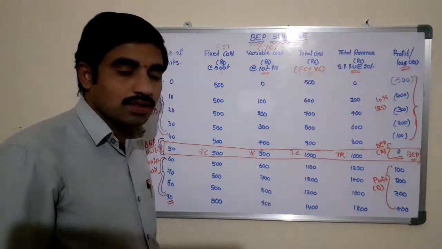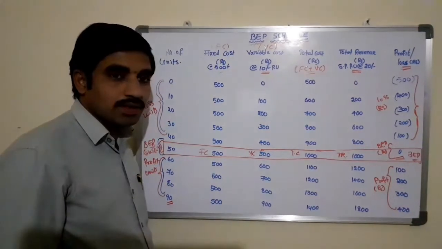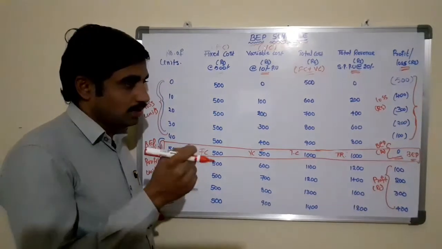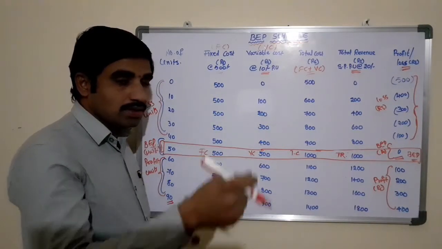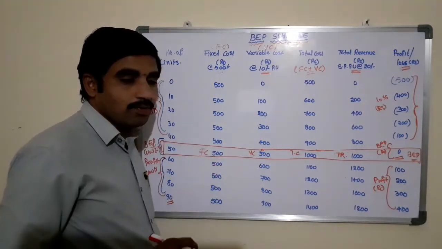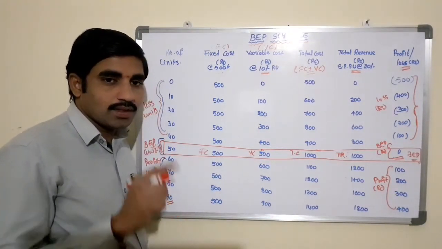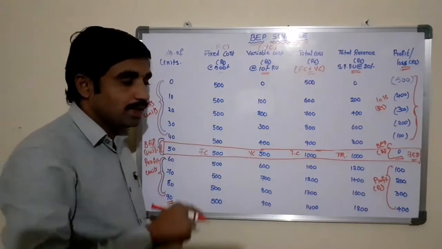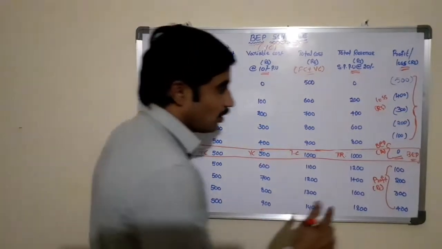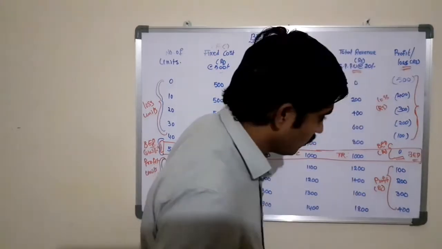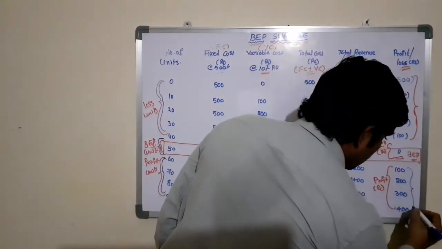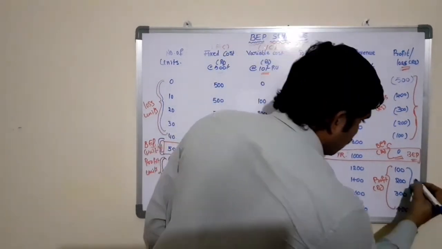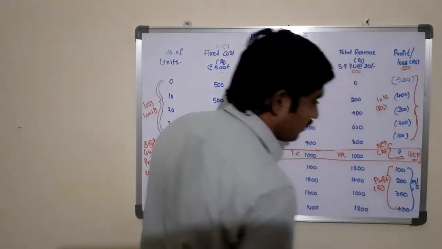As we have discussed in the terminology, margin of safety is the excess of the sales over and above the break-even point. After break-even point, whatever the revenue we are generating, whatever the profits we are generating, this is called the margin of safety.